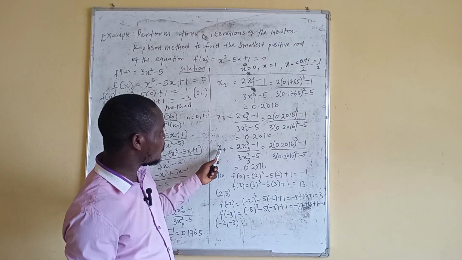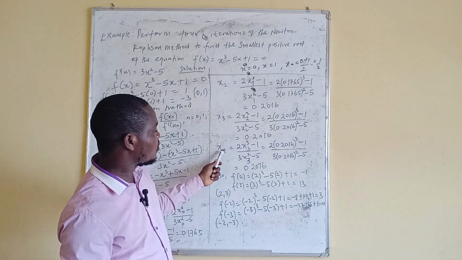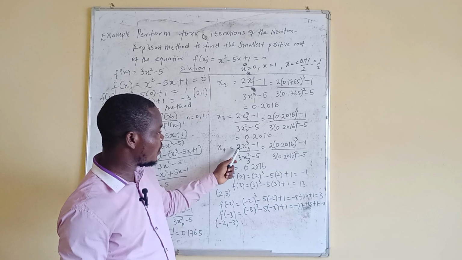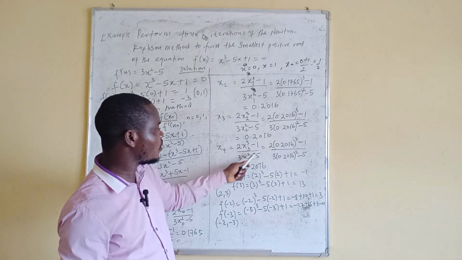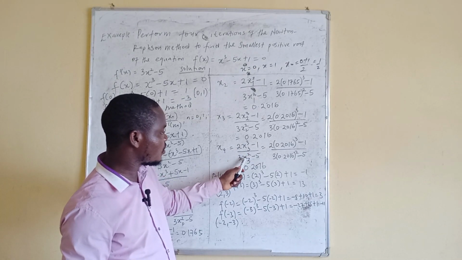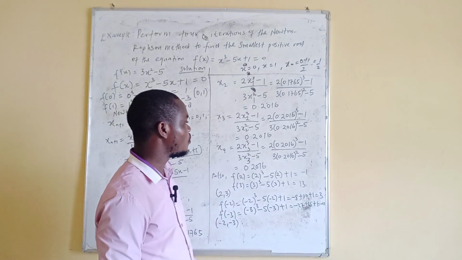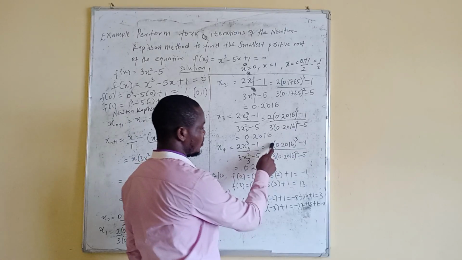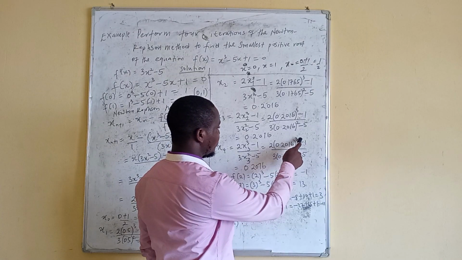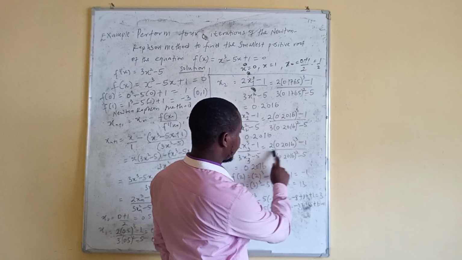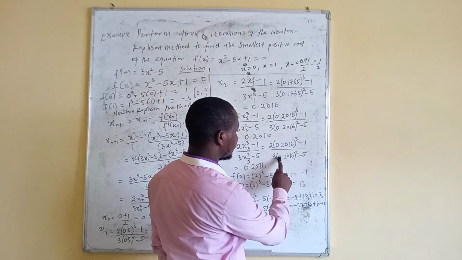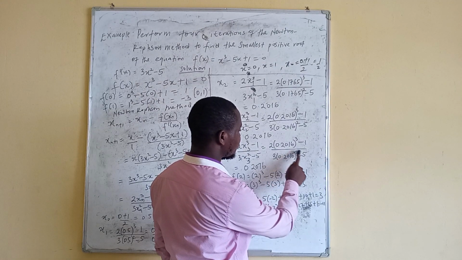For the fourth iteration, x_4, in this case, n is 3. So you have x_4 equals (2x_3³ − 1) divided by (3x_3² − 5). We replace our x_3 by 0.2016, raised to the power of 3, minus 1, divided by 3 into 0.2016 to the power of 2, minus 5.